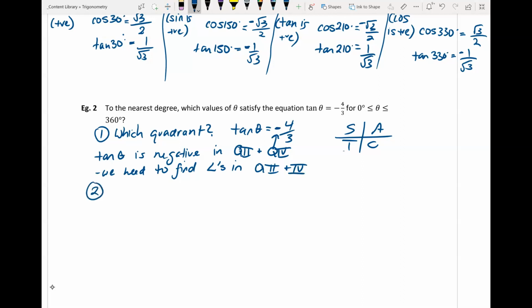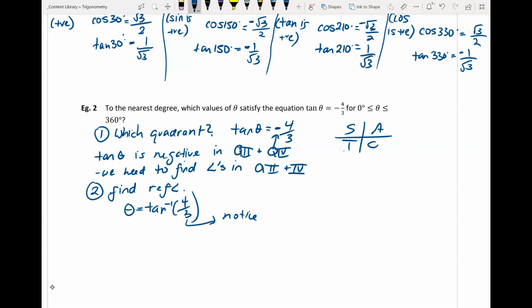Before we do that, we need to find the reference angle first. And to find an angle when we're already given the ratio, we're going to take tan inverse of both sides. In other words, I'm going to take tan inverse of 4 over 3. As a side note here, notice I didn't include that negative with the 4 over 3 because we are already considering that by its quadrant.